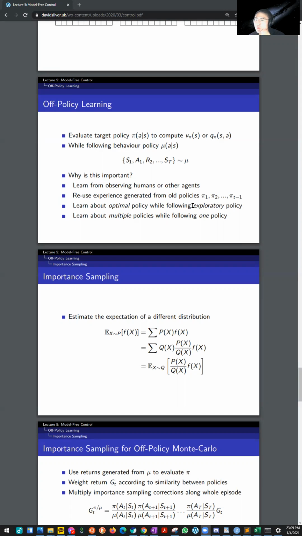When it comes to on-policy learning, we start with a policy, say Pi1. Then we do generalized policy iteration, which is comprised of two steps, policy evaluation and policy improvement. Starting from Pi1, we improve the policy a little bit, which leads to Pi2. Then we evaluate Pi2 and improve it into Pi3, and so on.